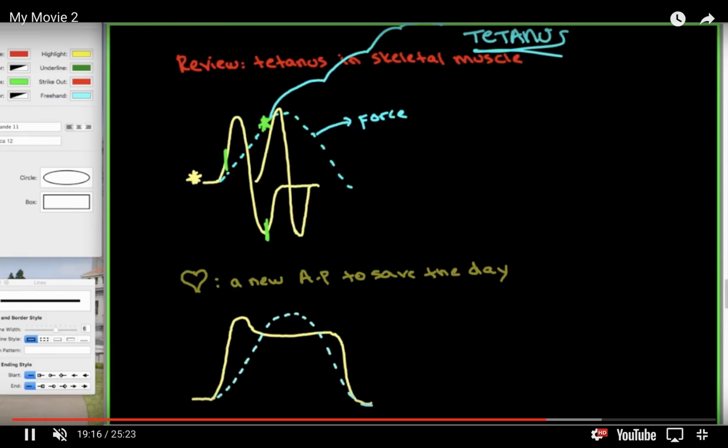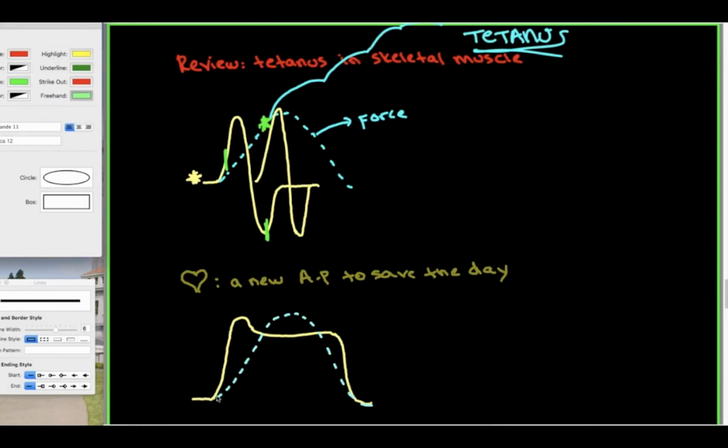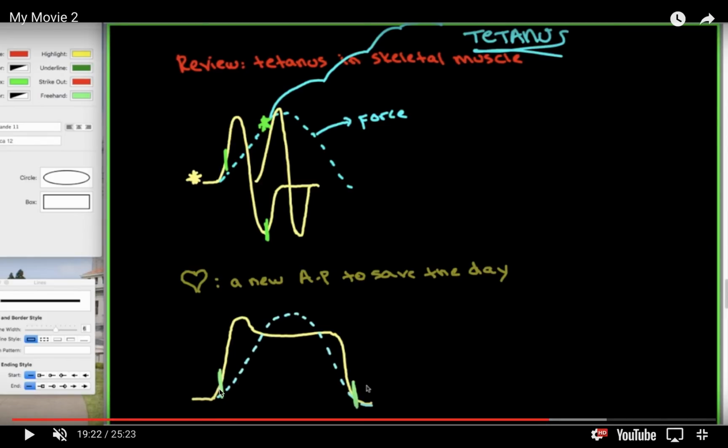Which is great, because if I draw out where the absolute refractory period starts and ends, it starts right here and it ends right there. So if I stimulate this muscle once and it generates force, what it means is that I cannot stimulate this muscle again until this muscle is fully relaxed.